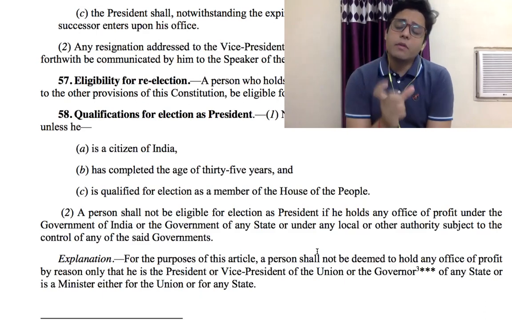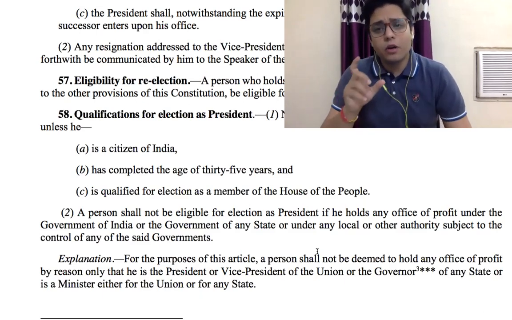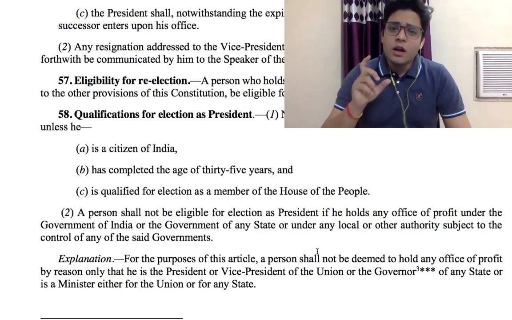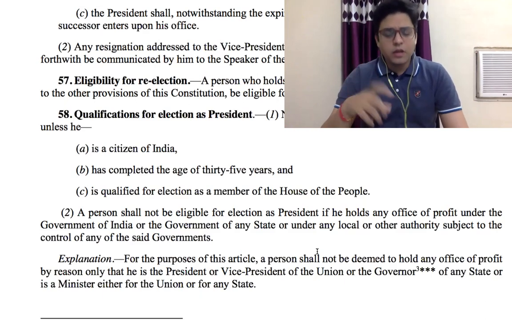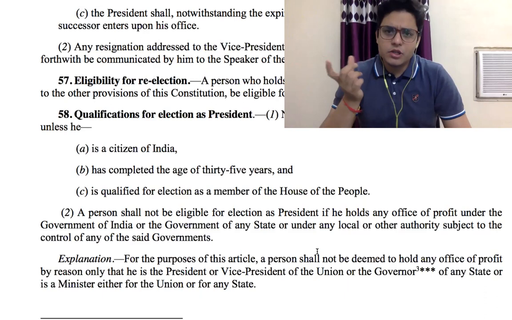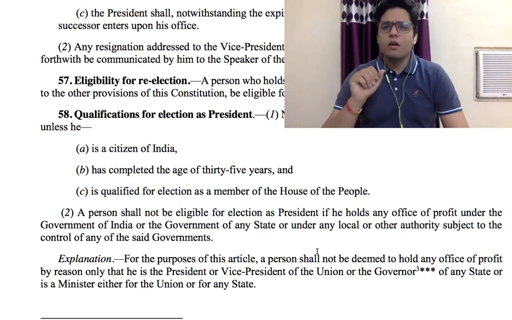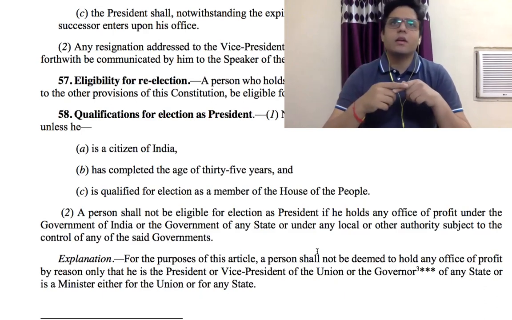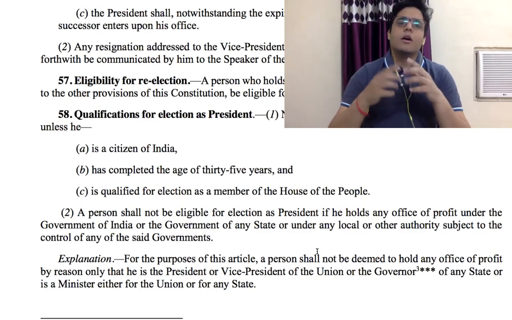And what is meant by office of profit? Office of profit is a very broad term. It is not necessarily a nine-to-five job. It may include many things. For example, in the Jaya Bachchan case, she was not getting any salary from a film board, but she was getting benefits like free petrol, a free vehicle, or a place to reside.